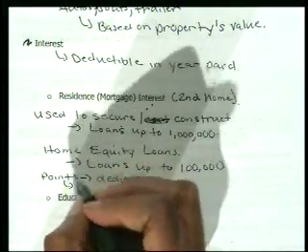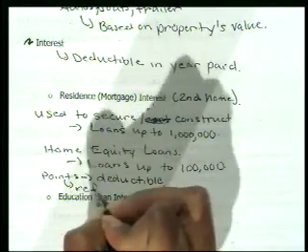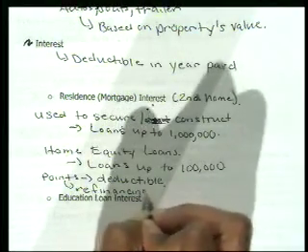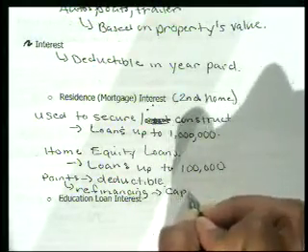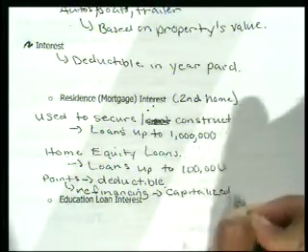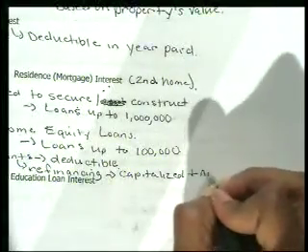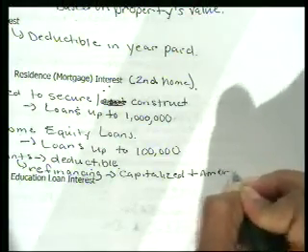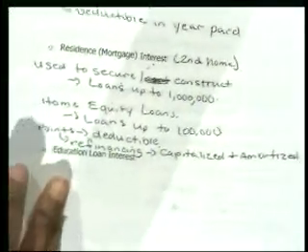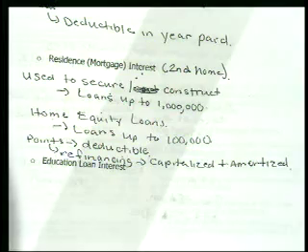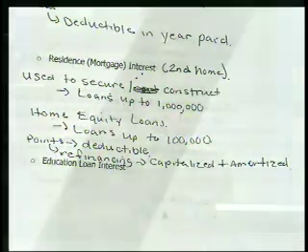And if it's the points through a refinancing, those particular points are going to have to be capitalized and amortized. So we can't deduct those if it's on a refinancing. Okay, so those are our interest on your home. So just be aware that there's a situation that if you have a very expensive home, you may not get all of that.